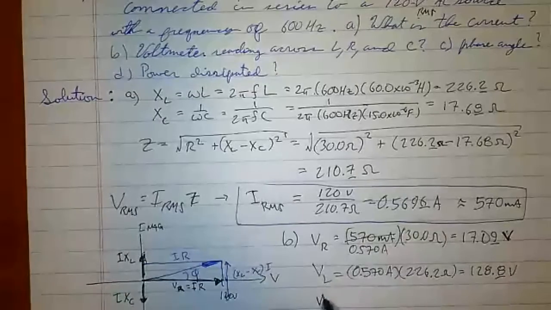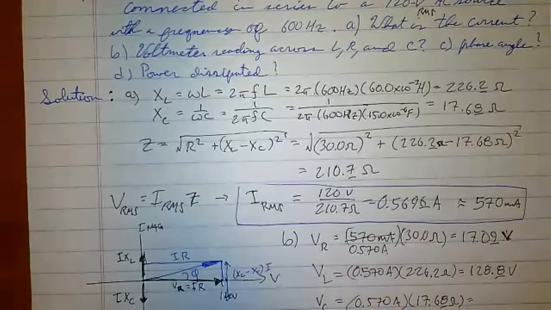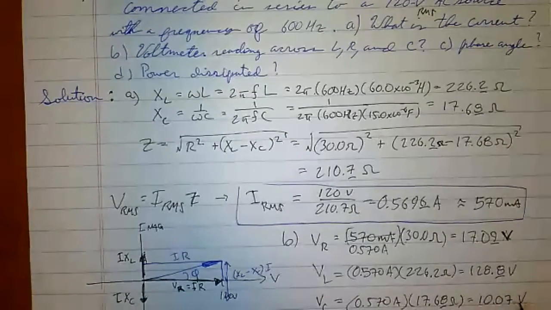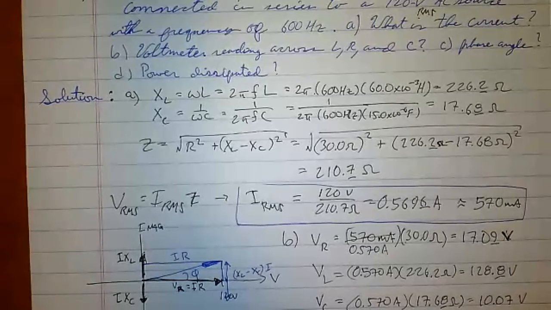And then V sub C, 0.570 amps times, this one was 17.68. And that gives me 10.07 volts. So that's the voltage across each of those. Anybody have any questions on how we did that?